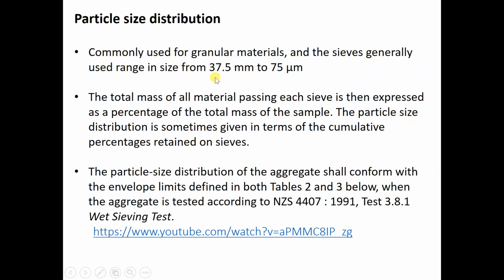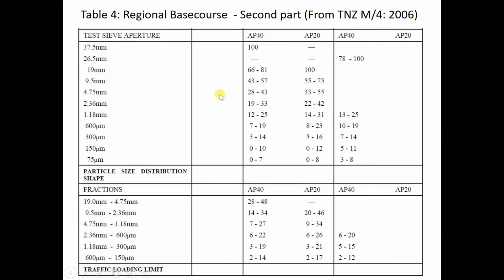So they have this stack of sieves. The sieve on top has the bigger aperture, and then the aperture sizes decrease down to the bottom.